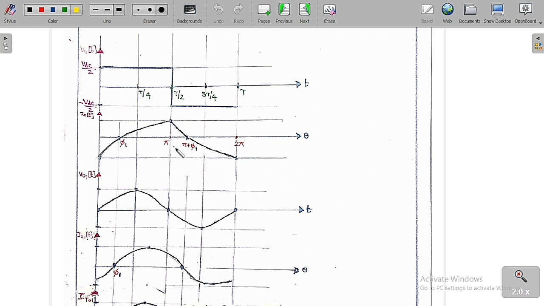From phi 1 to phi, S1 is connecting. From phi to pi plus phi 1, diode D2 is connecting. And from pi plus phi 1 to 2 pi, S2 is connecting. So this is the nature of the output current that we are going to get.